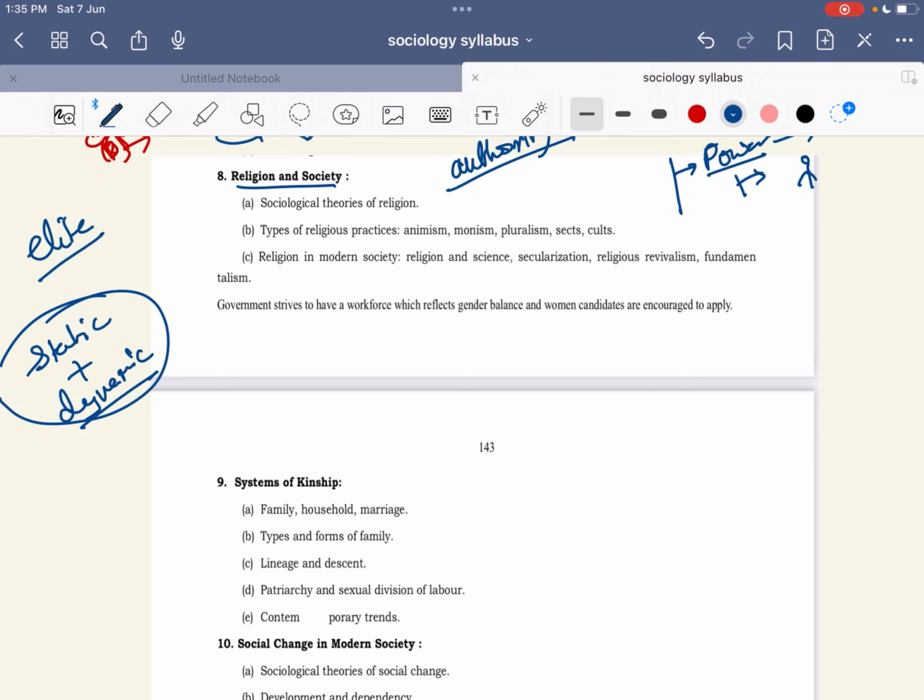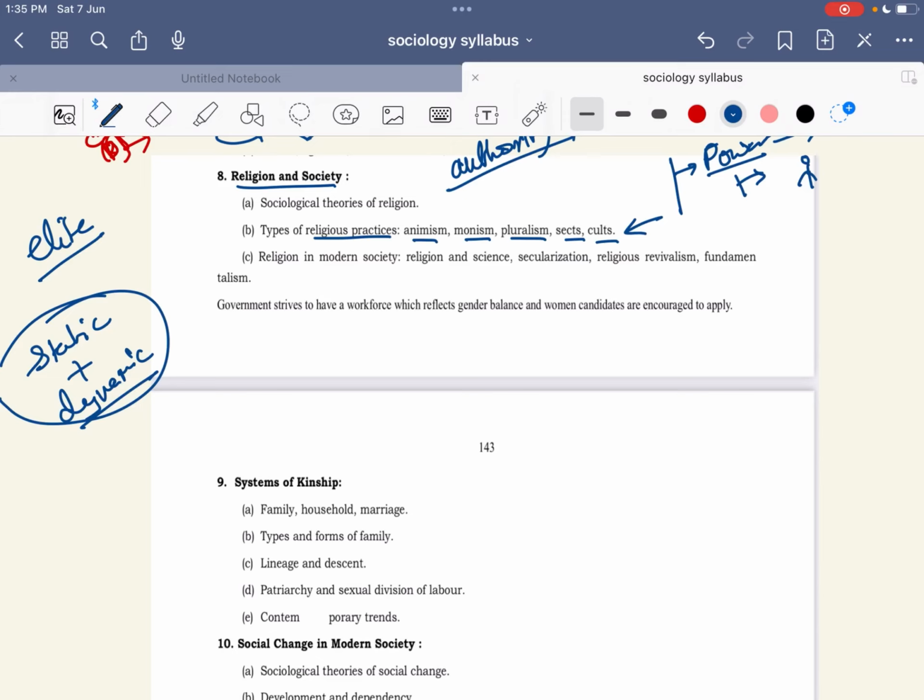So we are going to study from a neutral perspective, sociological theories of religion. Understand? Don't take me wrong. Then there are religious practices, animism, monoism, pluralism, sects, cults, that we are all going to study in detail.